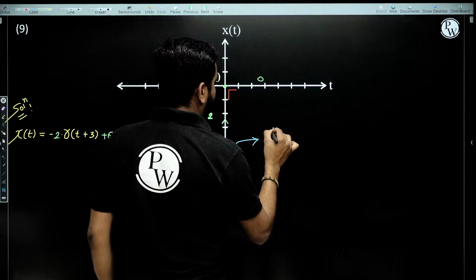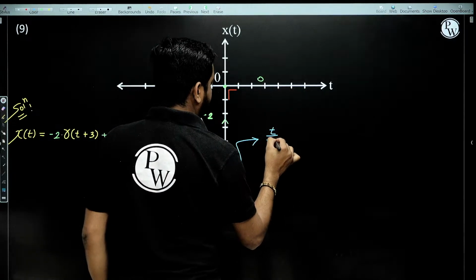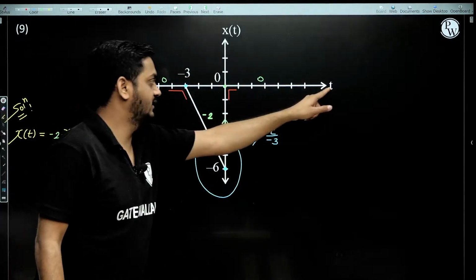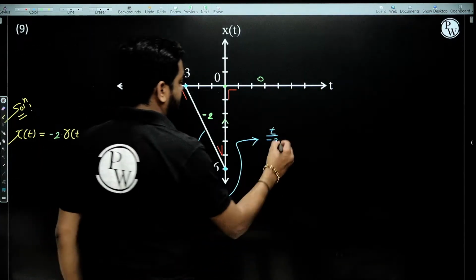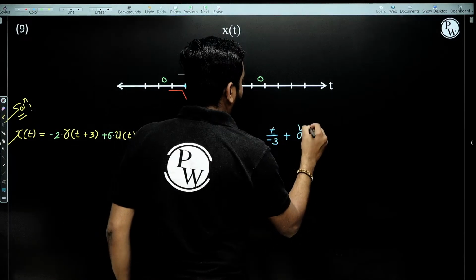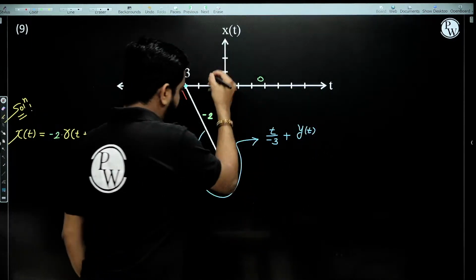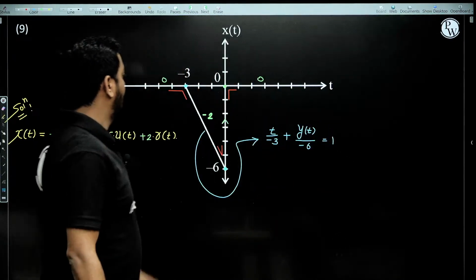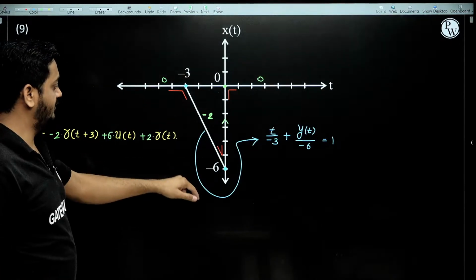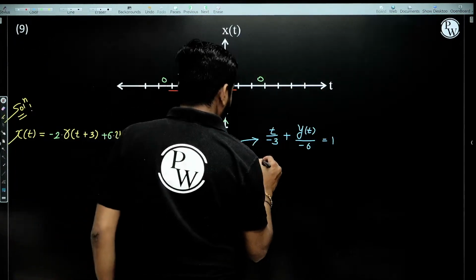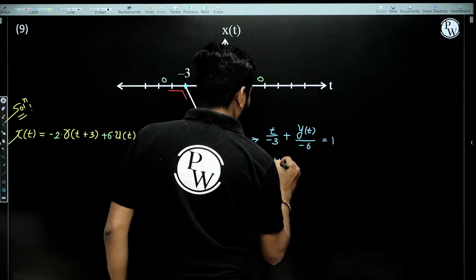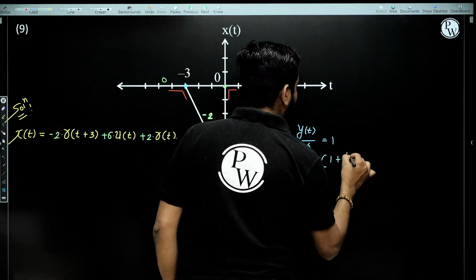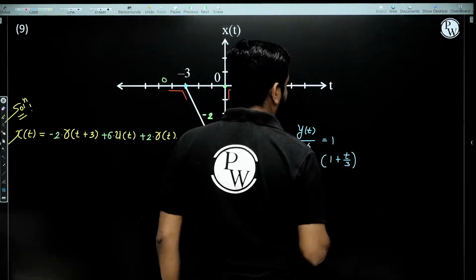On the x axis we are considering t, so t upon minus 3 plus, on the y axis, y of t upon minus 6 equals 1. So y of t is equal to minus 6 into 1 plus t by 3, guys.